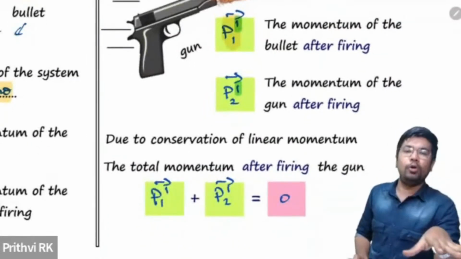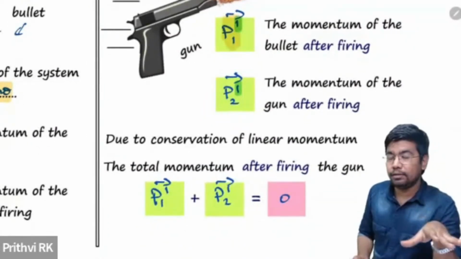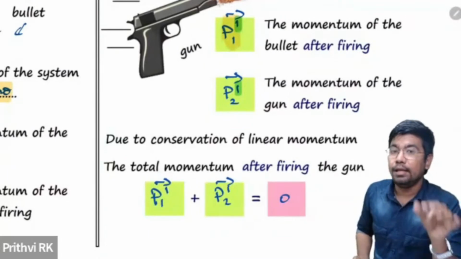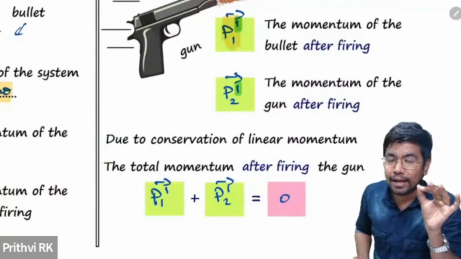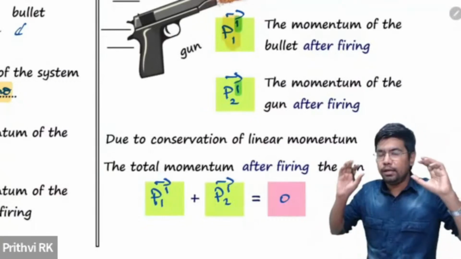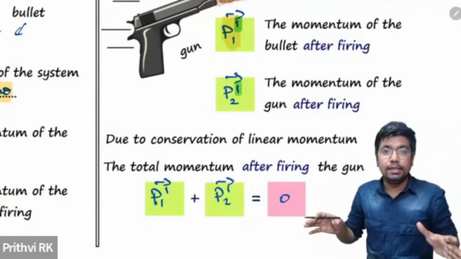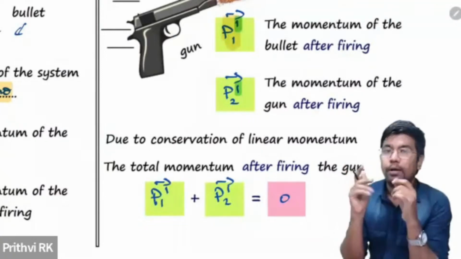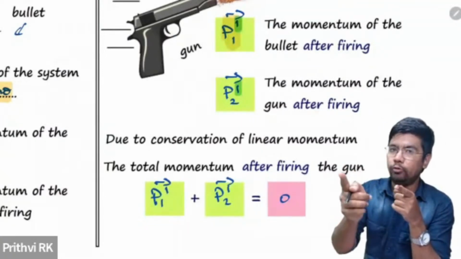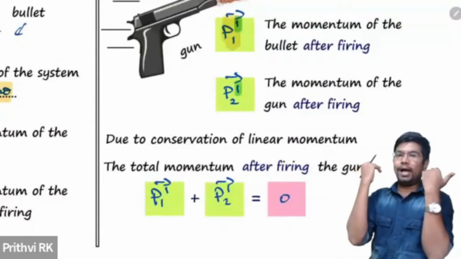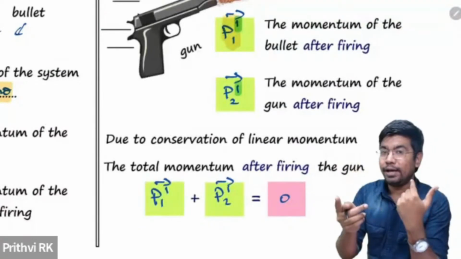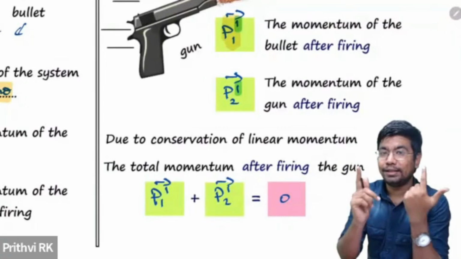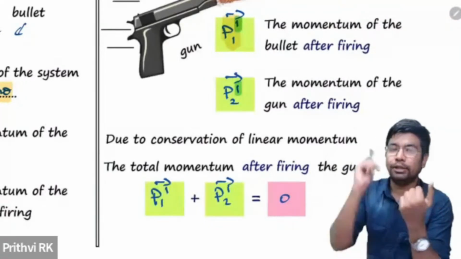If you add both these momentums again, you will get the answer as 0 again. Why is it 0? Because the bullet moved forward, whereas the gun recoiled backward. The directions were different, and momentum is a vector, so it depends on direction.